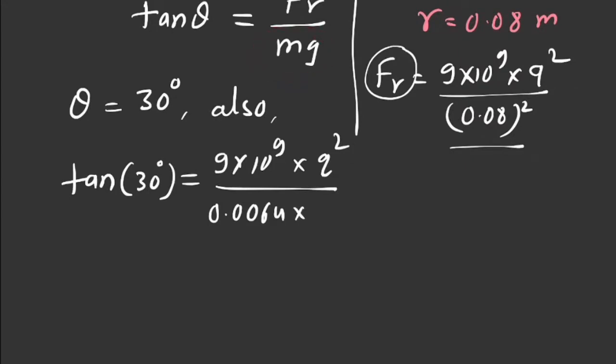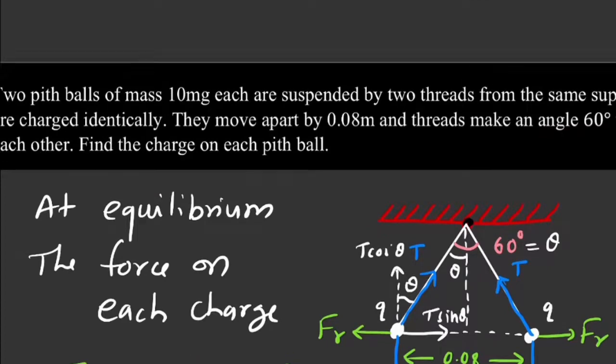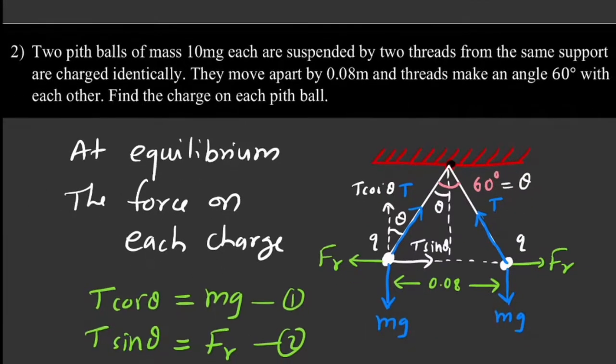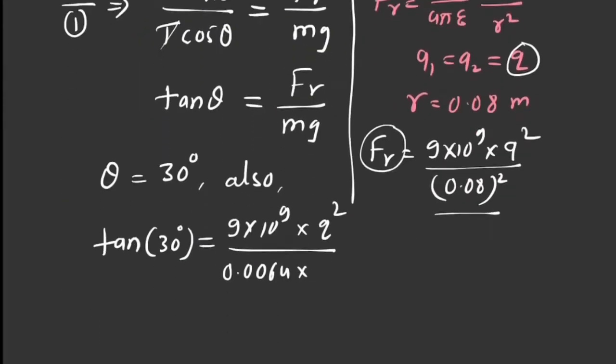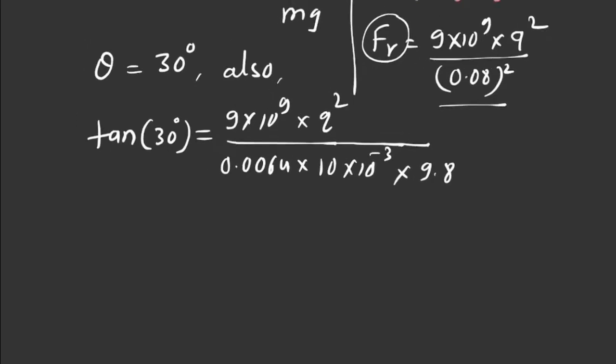And what is m? In the numerical, m is 10 milligram. So 10 milligram in kg is 10 into 10 to the power minus 3, into g, 9.8. Now from this equation we can calculate the value of q.